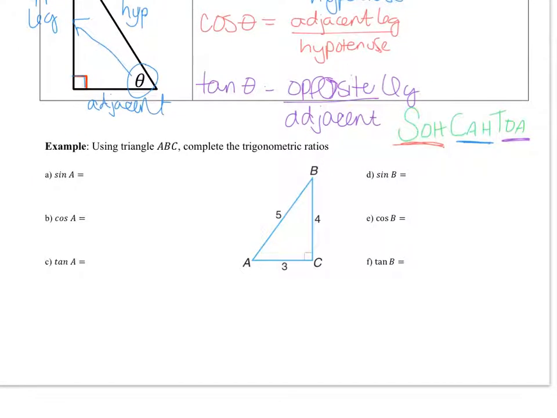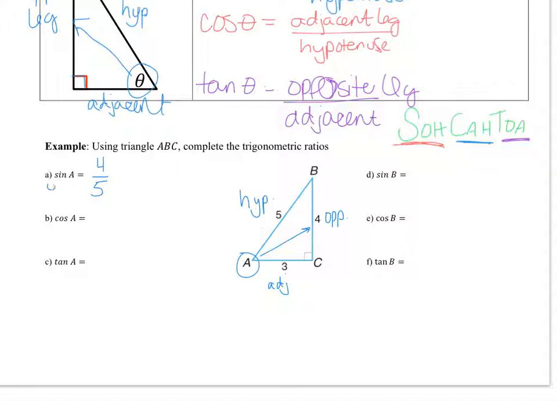Alright, so for these triangles down here, we're going to label it, and I'm going to label it two different colors here. For angle A, I'm going to be using blue, so for my angles, I'm going to be marking this as the opposite. Here's my adjacent, I'm sorry, my sides, and the hypotenuse is going to be the hypotenuse for both of those. So looking at the sine of A, I know sine is the opposite over the hypotenuse, so the sine of A is 4 over 5.